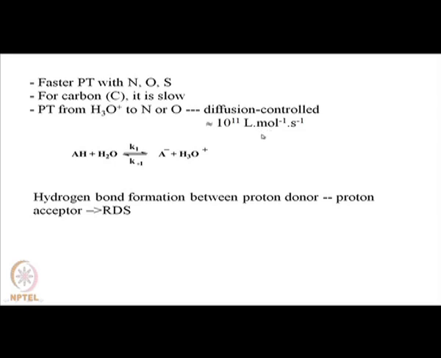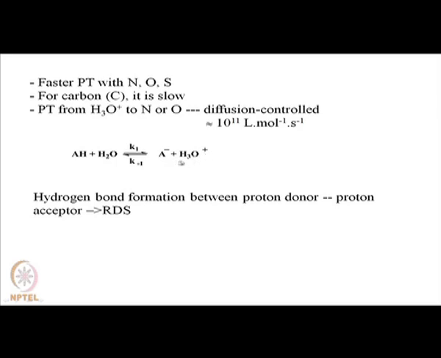Basically it depends on how fast these interacting substances are coming close to each other, and that is limited by their diffusion. That is why it is called diffusion control, and the rate is 10 to the power 11 liter mole inverse second inverse, very fast. So, you see that AH is an acid, H2O is the base, and the forward reaction is the formation of A minus and H3O plus.